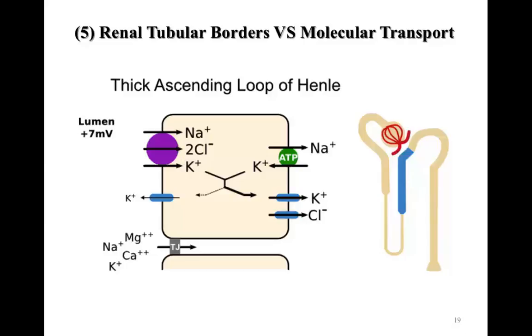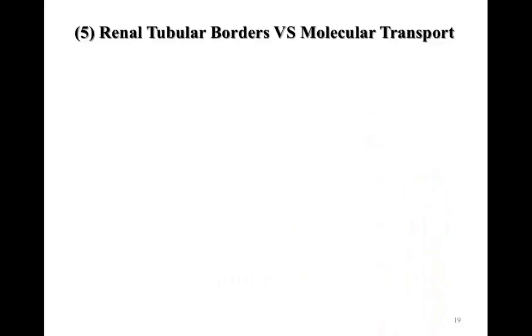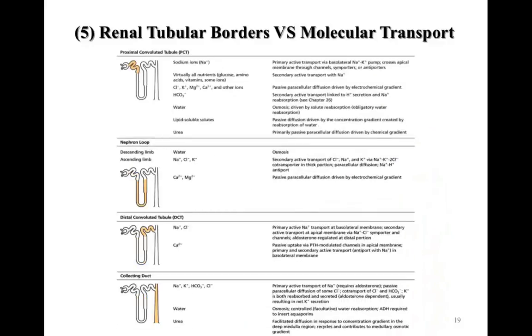In the same way, more and more electrolytes and solutes will find their way to go in and out of renal tubules through luminal and basolateral borders, as we're going to discuss later in detail.